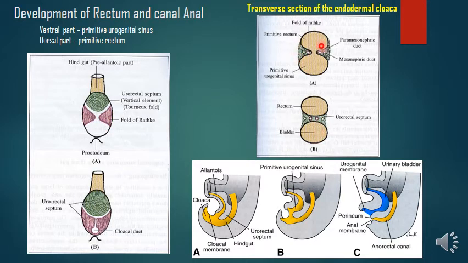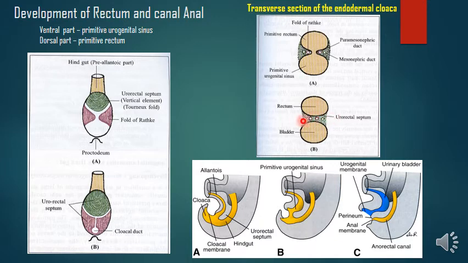In a transverse section we are seeing the fold of Rathke. In the Rathke's fold we see the mesonephric duct laterally and the paramesonephric duct medially, within this fold which is a part of the urorectal septum.